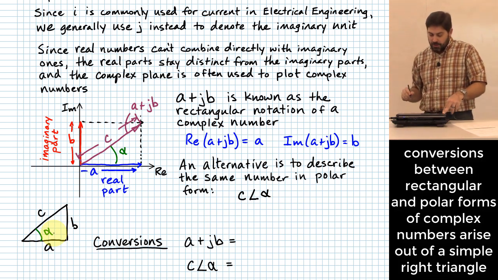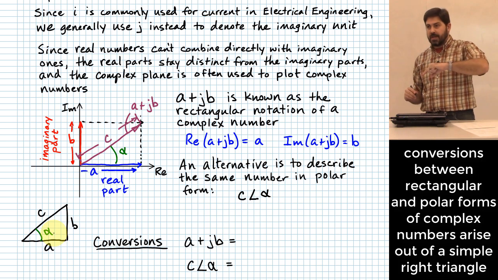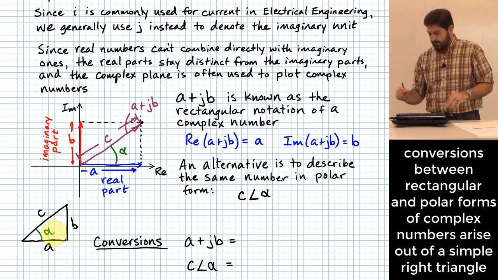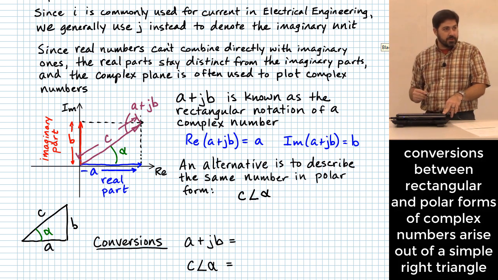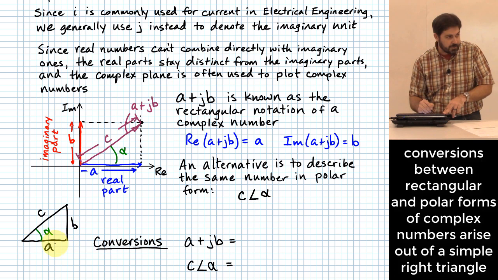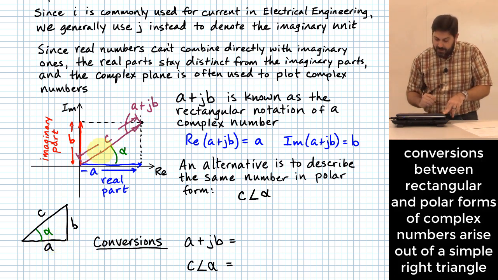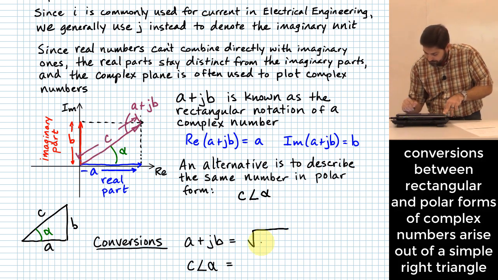If you want to convert a plus jb to polar notation, what do you think you do? It's not that difficult. All you do is look at the Pythagorean theorem on this little triangle, and you say the magnitude, or the length of that vector, had better be the square root of what?